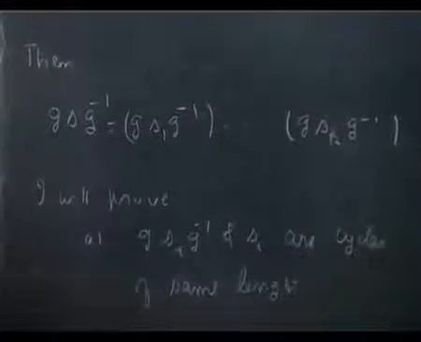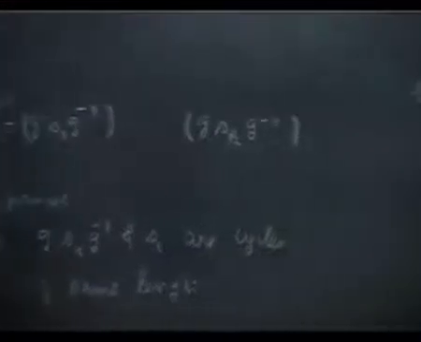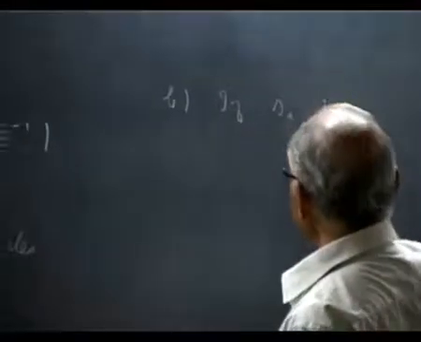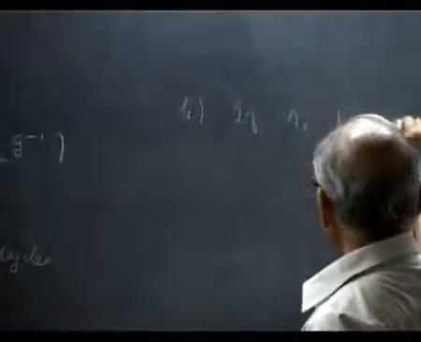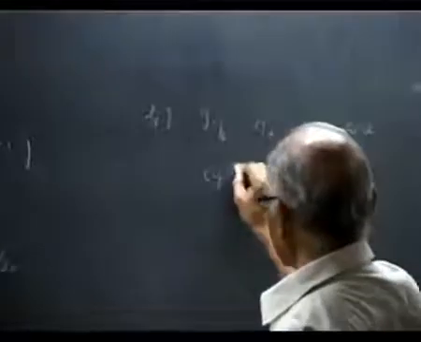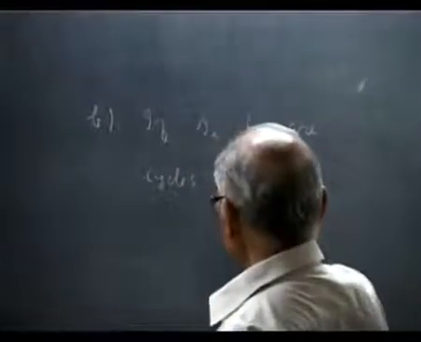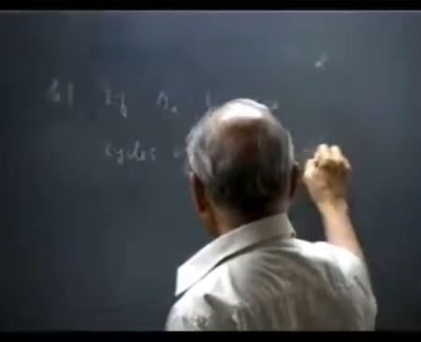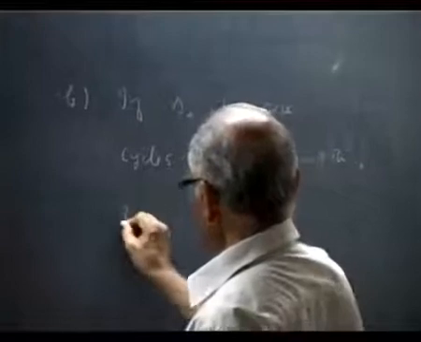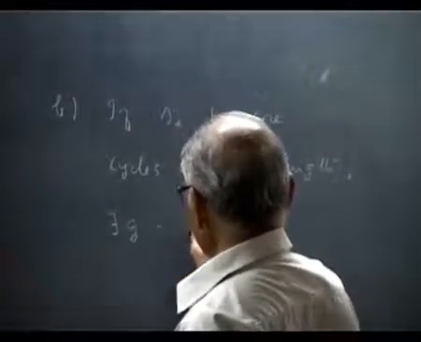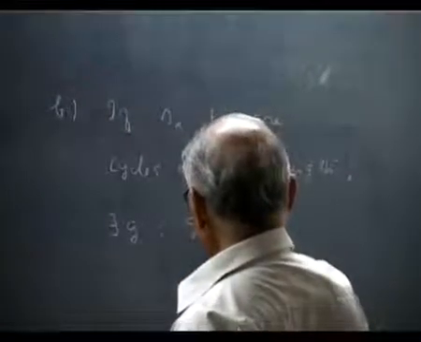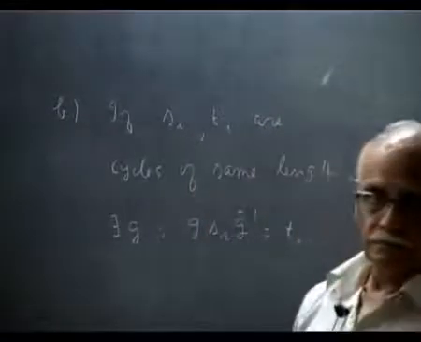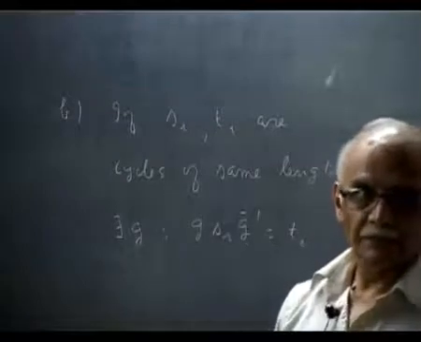Secondly, we will prove B: if S_i and T_i are cycles of the same length or period, there exists g such that g S_i g inverse is T_i. That will prove the result.